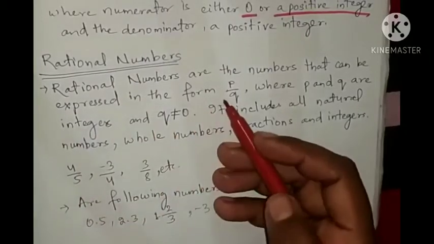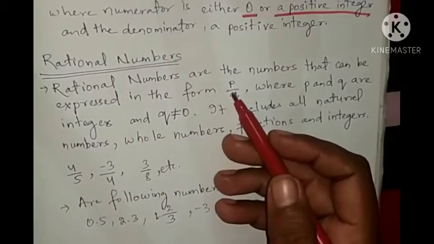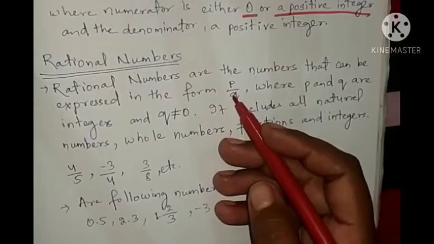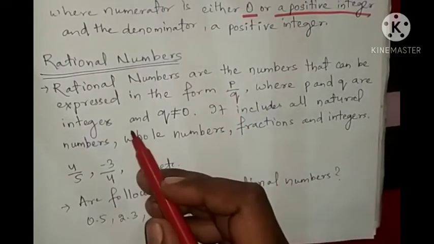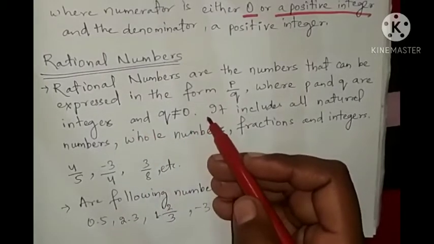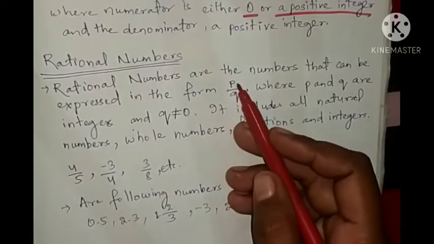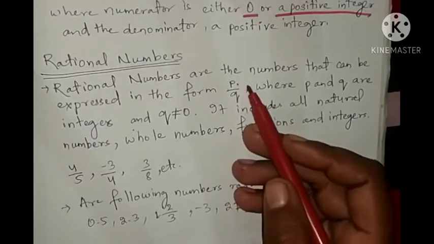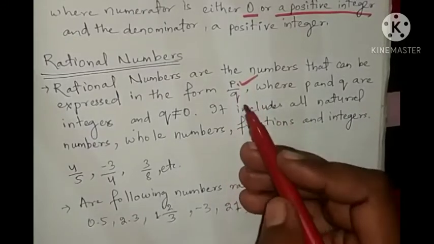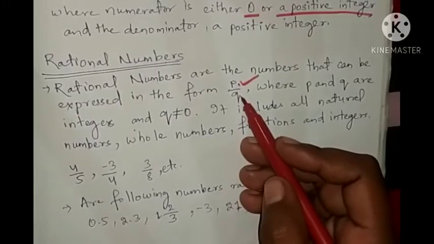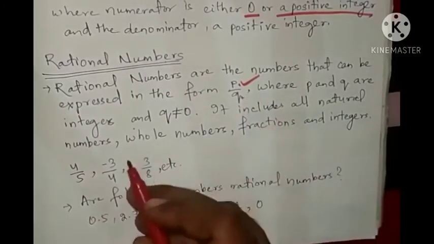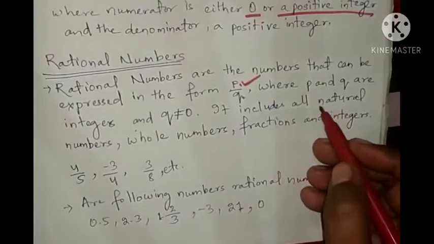Integers include positive and negative numbers and 0. Here P can be a positive integer, a negative integer or 0, but Q is not 0.